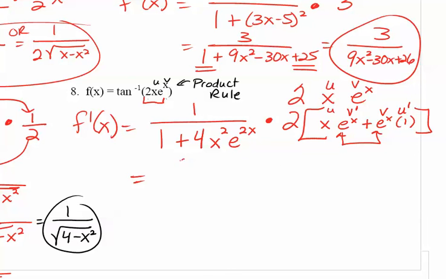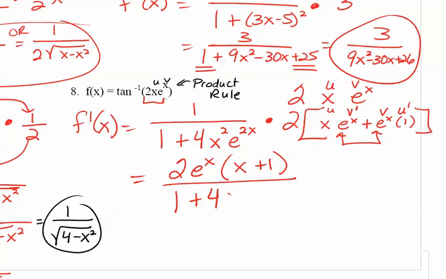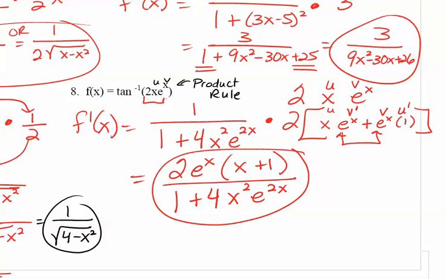So let's move the 2 and the e to the x out in front in the numerator. And then wouldn't we have just an x plus 1 left inside? And I think that looks about as simple as we're going to come up with. So I think that would work for number 8.